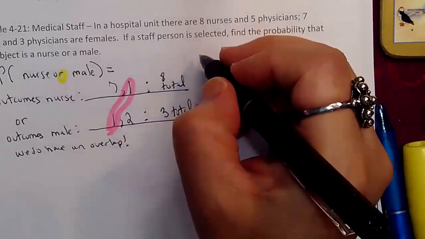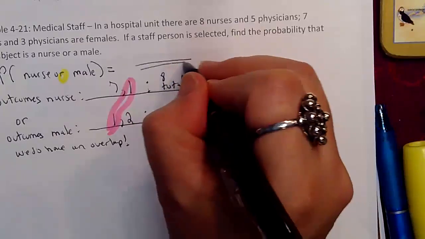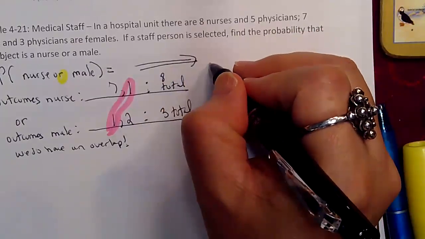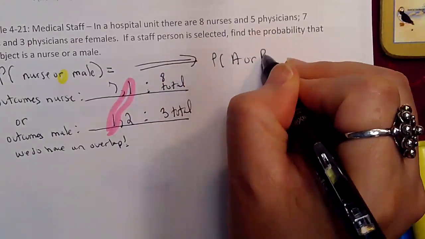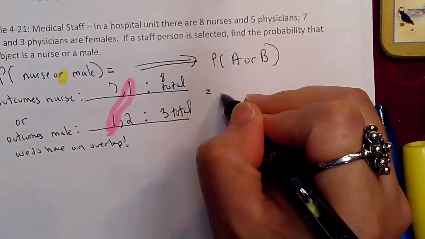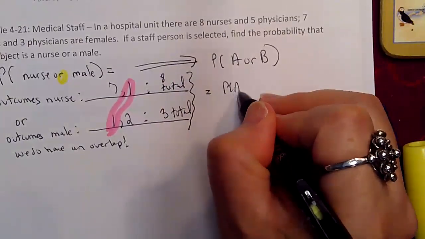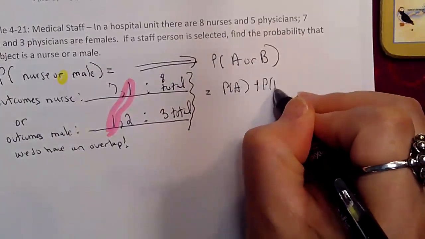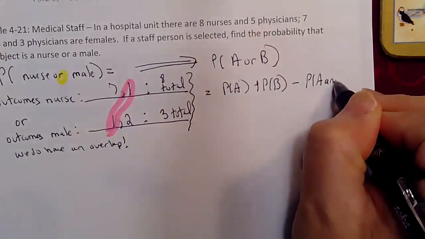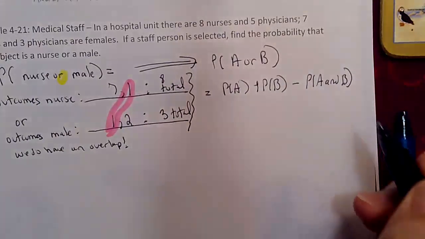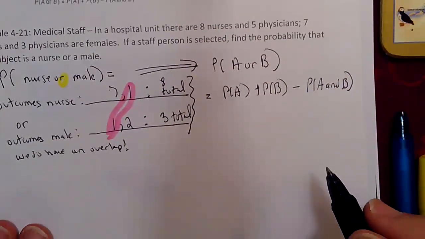So we have that probability of A or B is equal to probability of A plus probability of B, take away probability of A and B. And remember, this is called the inclusive OR.